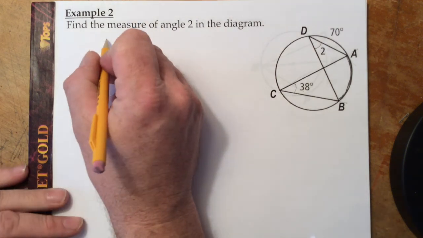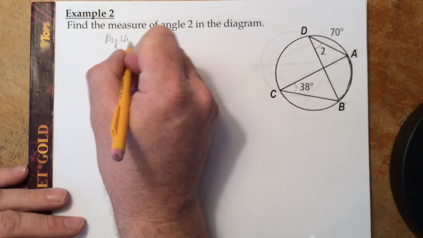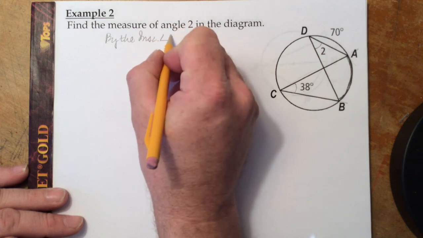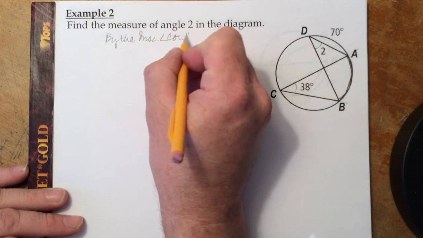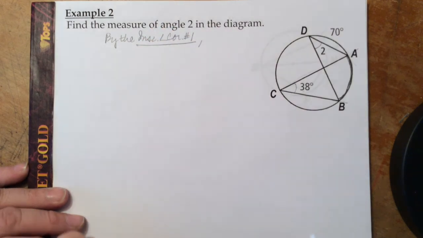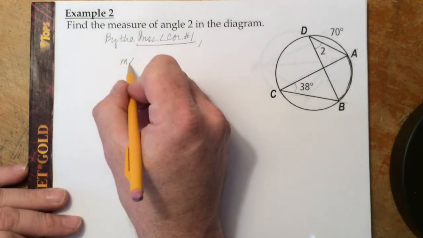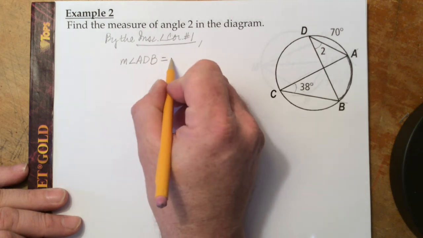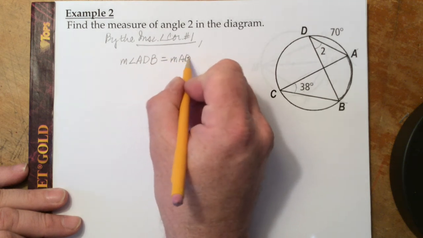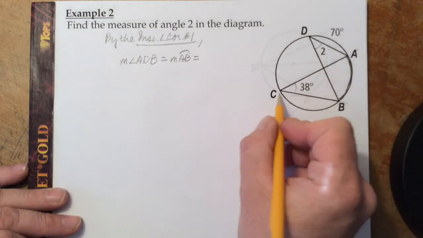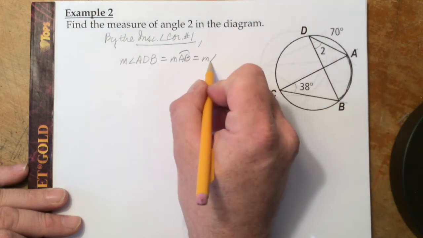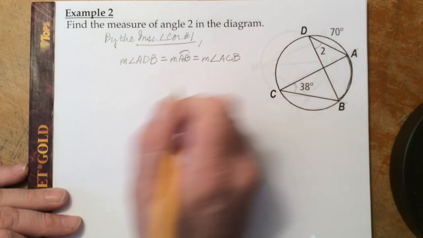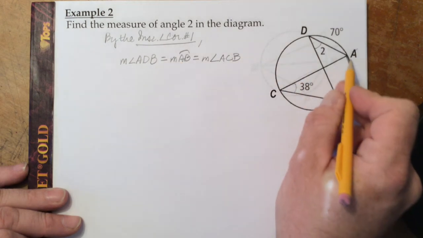So we can write, by the inscribed angle corollary number 1, the measure of angle ADB equals the measure of arc AB, which equals the measure of the other angle ACB. They both equal the measure of this arc.